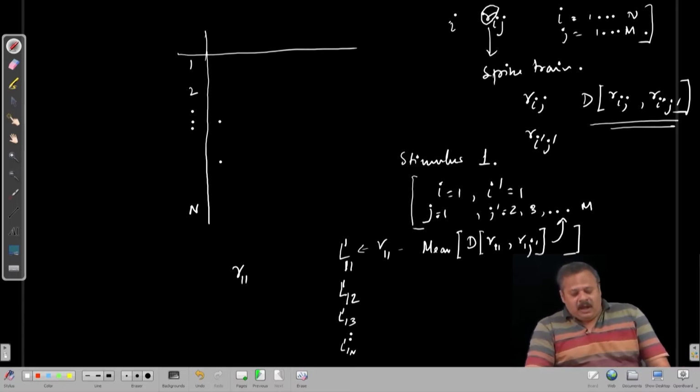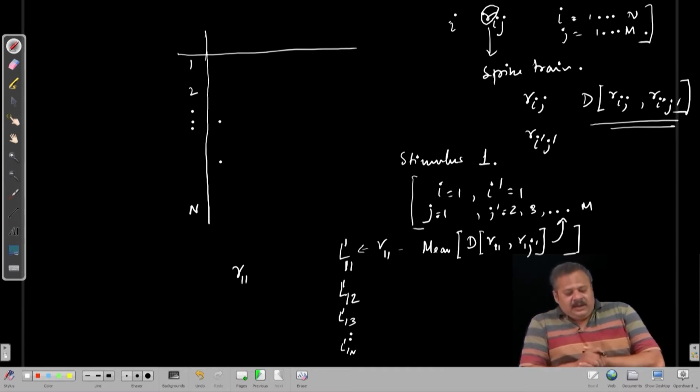So now what we will be asking is, based on these distances, can we say that the first spike train, that is R_11, if we did not know what the stimulus was, can we say which stimulus produced that spike train? Which we will say is the group to which it is closest.